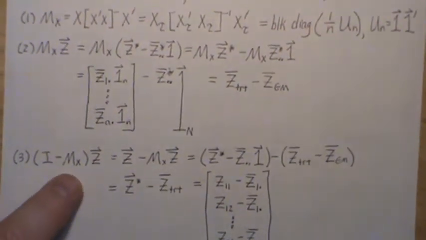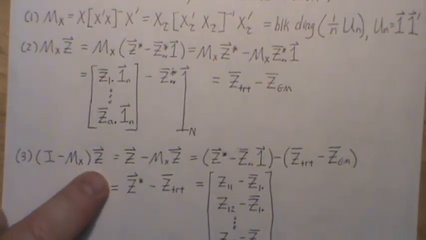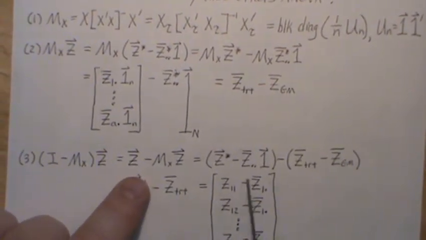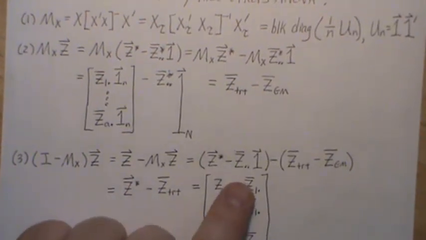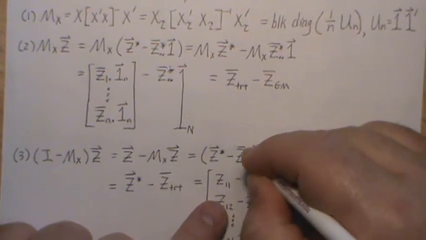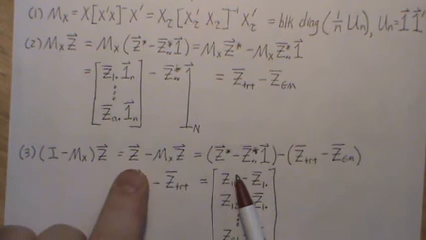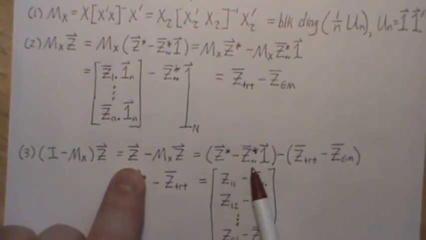Now I minus MX, if we multiply Z into that, we get this. And perhaps I should just say whenever you see a Z dot star, it should have a star there. So this vector creates this.